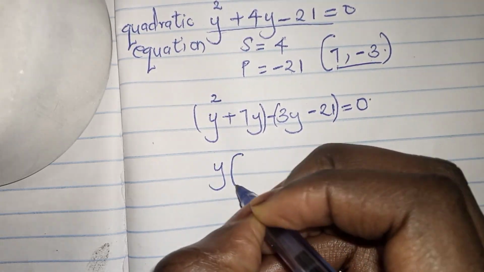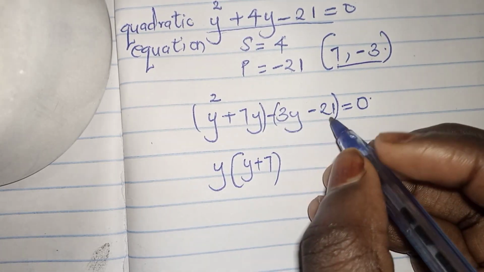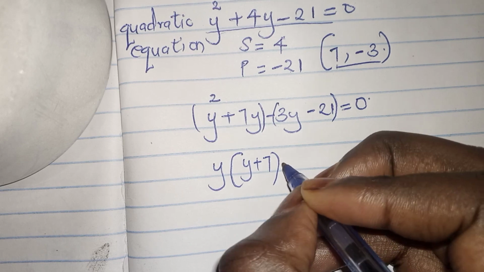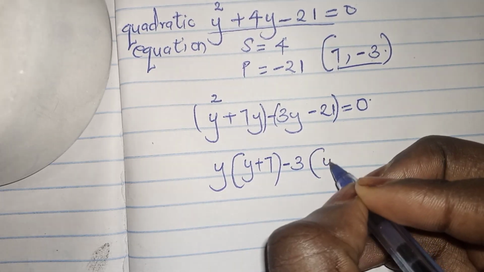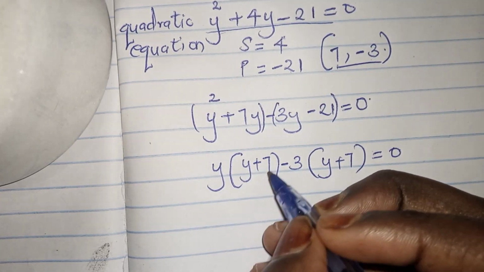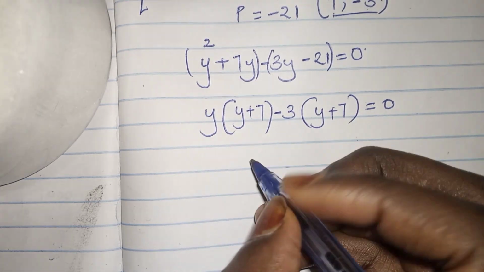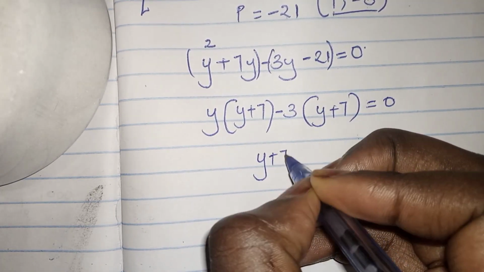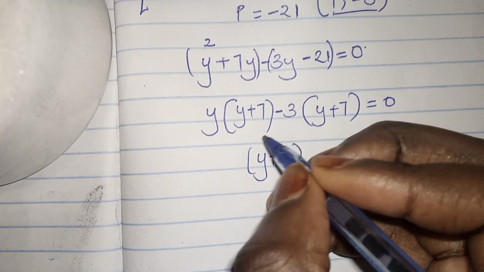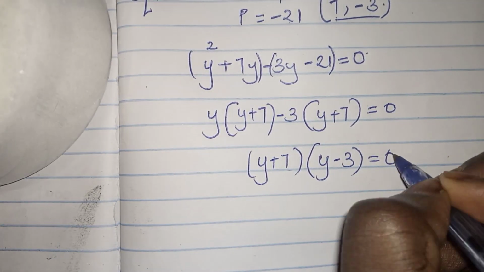So y into y plus 7. And for this case, our common factor here is negative 3. So this will be y plus 7 is equal to 0. You can see y plus 7 is common. So we'll just pick one, y plus 7 in brackets, and pick what is left outside. y minus 3 is equal to 0, right?